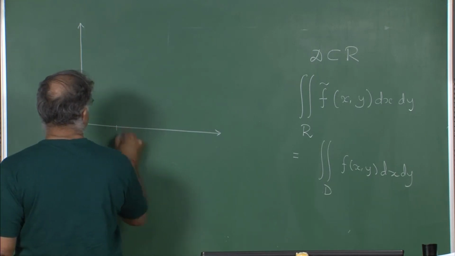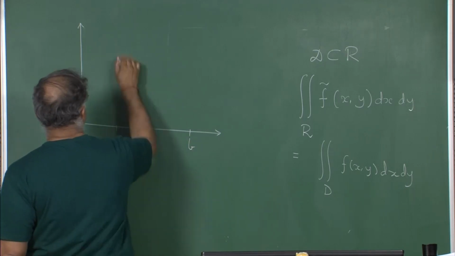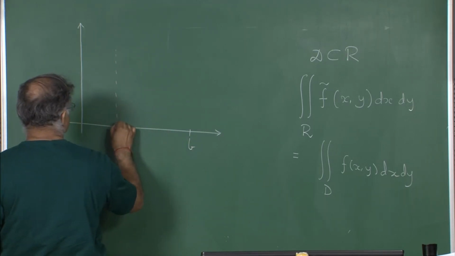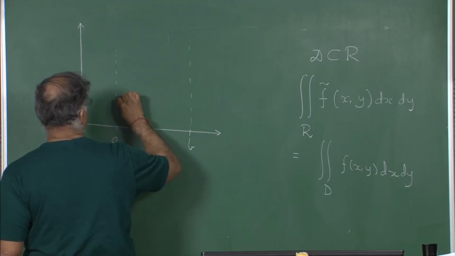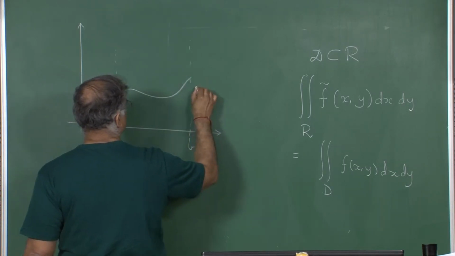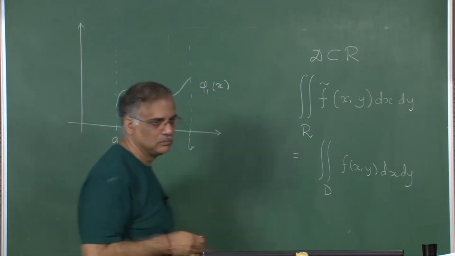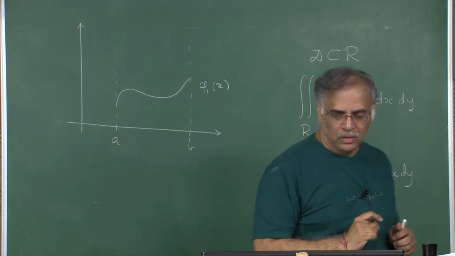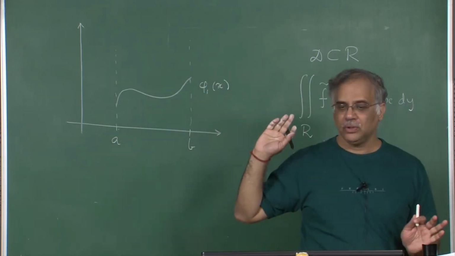So here is your x which is from A to B. And so you have function phi 1x defined like this. You can have phi 2x defined like this, but that kind of domains what we are not expecting.